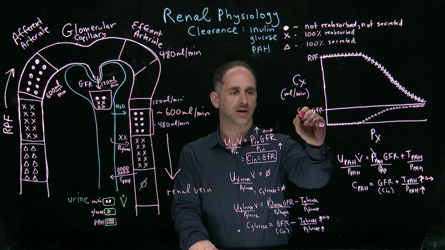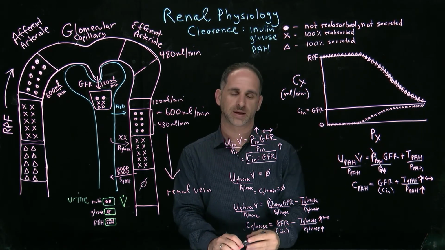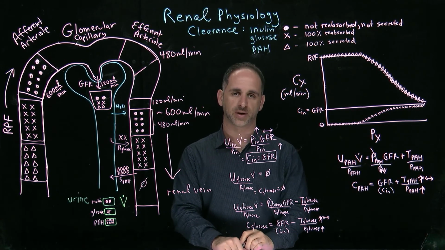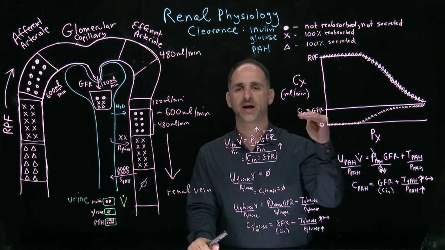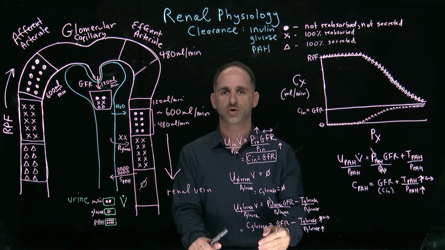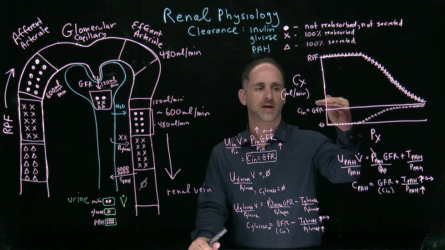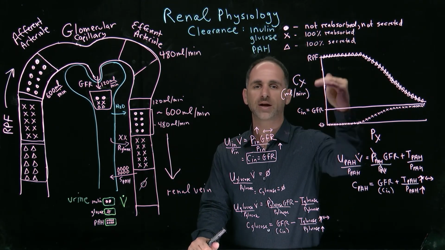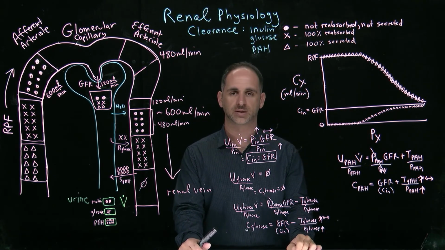Knowing that the clearance of inulin is the gold standard, equaling the glomerular filtration rate, if you have an unknown substance, if you compare that substance's clearance to the clearance of inulin, you know how the kidney is handling that substance. We know that if the substance clearance is greater than the clearance of inulin, then therefore the substance had to have been secreted.